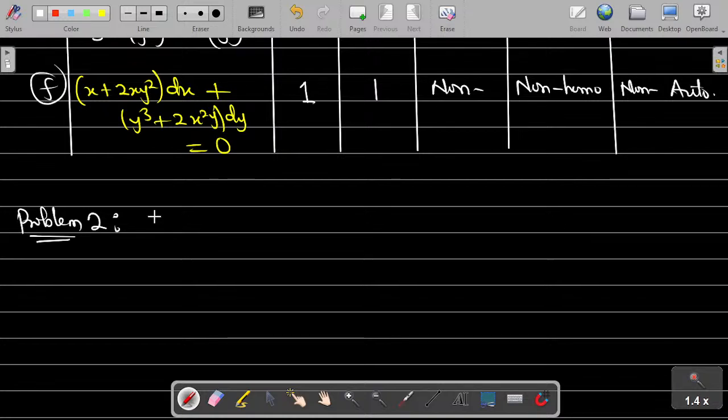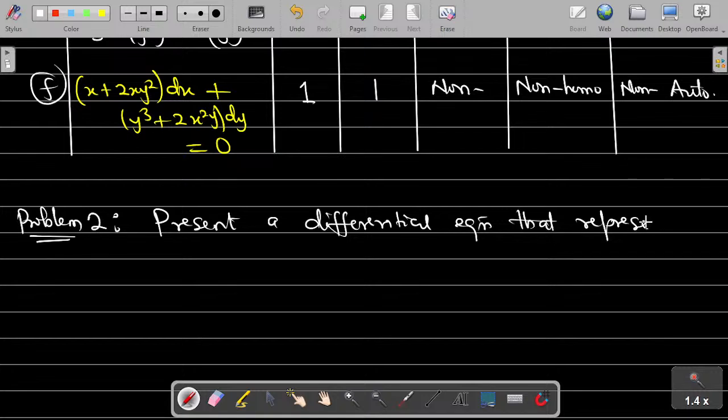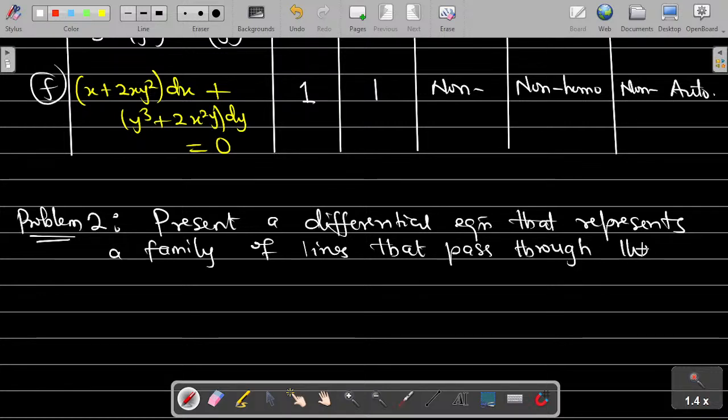It says, present a differential equation that represents a family of lines that pass through the point 2 and 5.